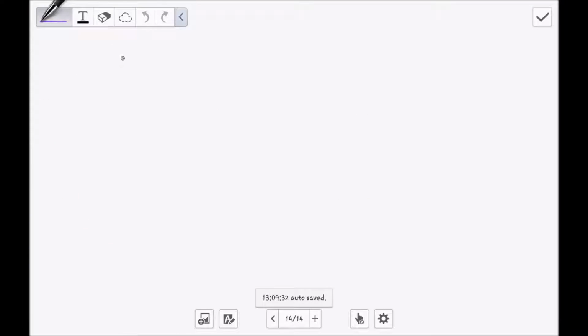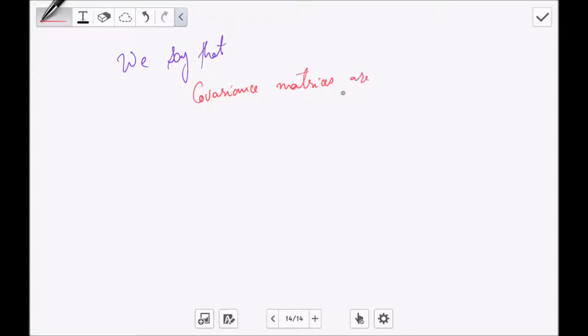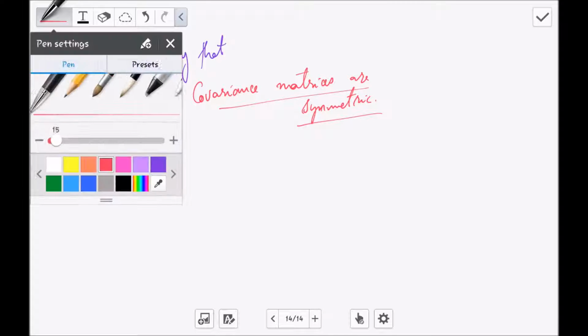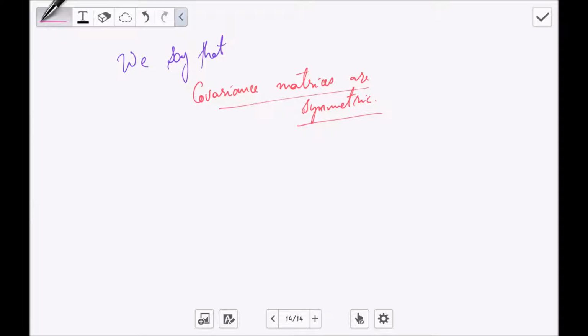This was the first property of covariance. So we can say that covariance matrices are symmetric. Fine. Now C is equal to P D P transpose.